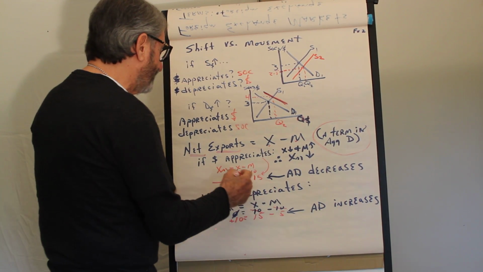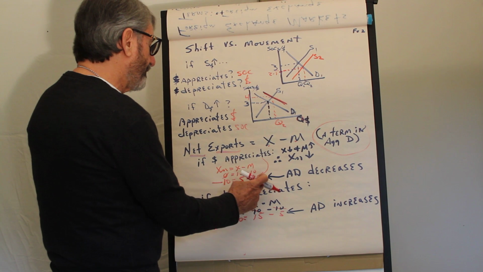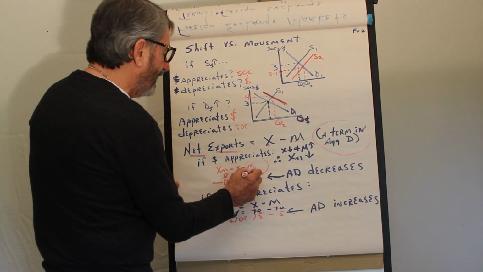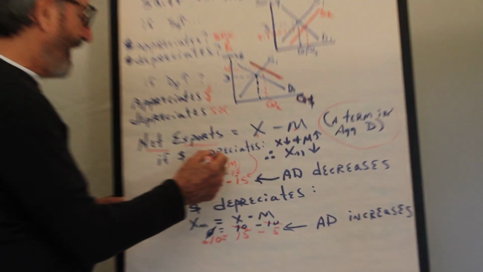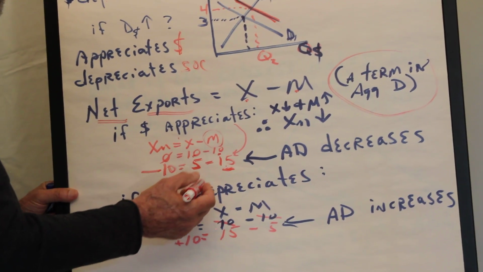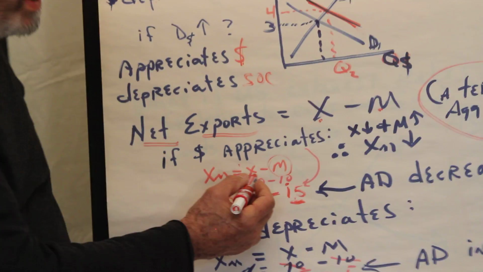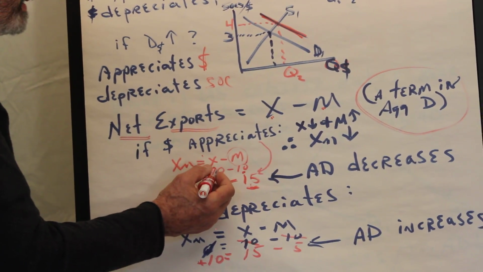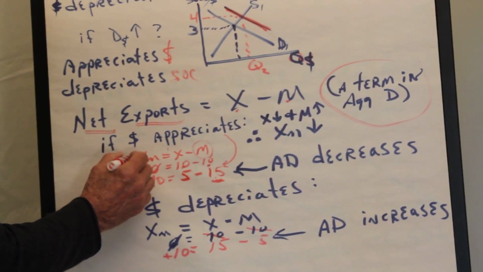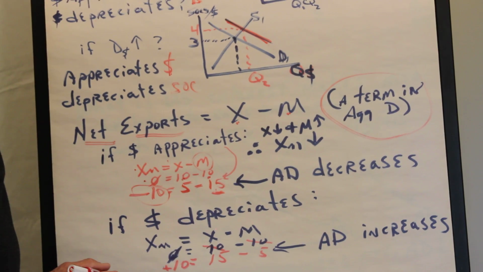And as a result, U.S. imports would increase. If exports were 10 and imports were 10 before, after the dollar appreciates, Americans import more. So imports would go from 10 to 15. And because U.S. goods are more expensive to sock people, exports would decrease from 10 to 5, say, and net exports previously was 0, and now it has decreased to -10.